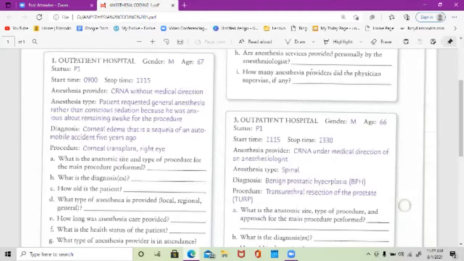What is the health status of the patient? Remember, it's that letter and number. So P1, that would be normal health, normal healthy patient.